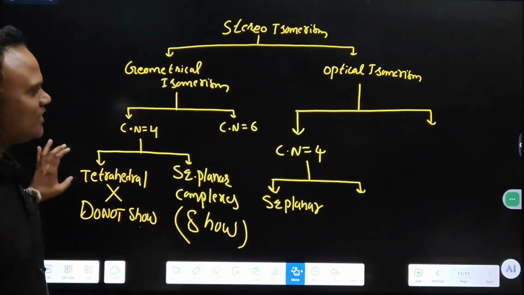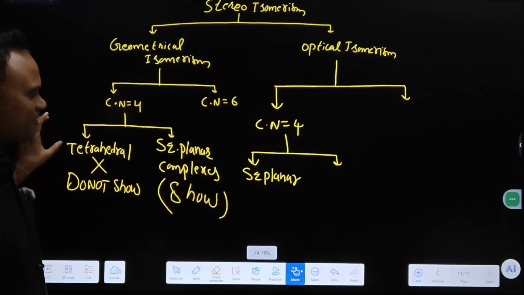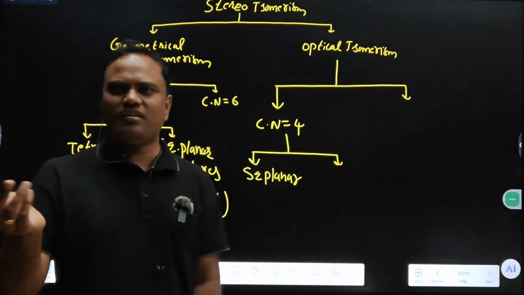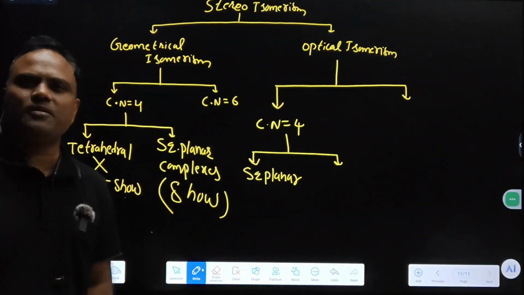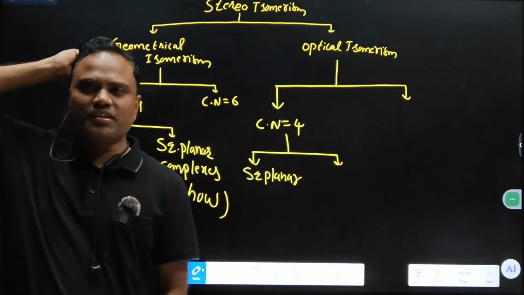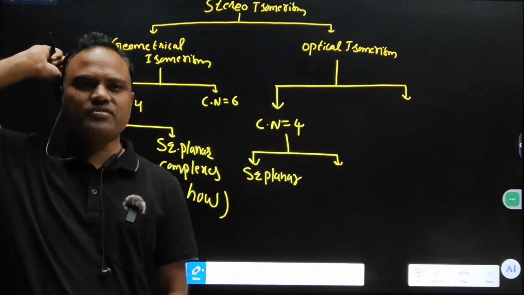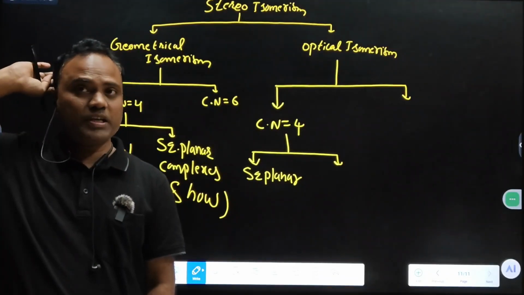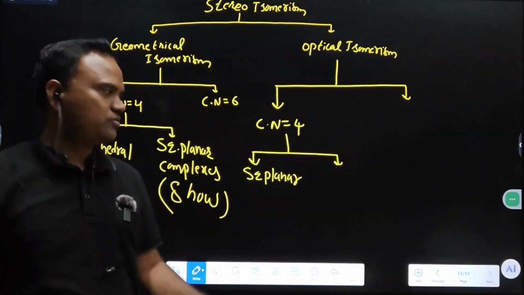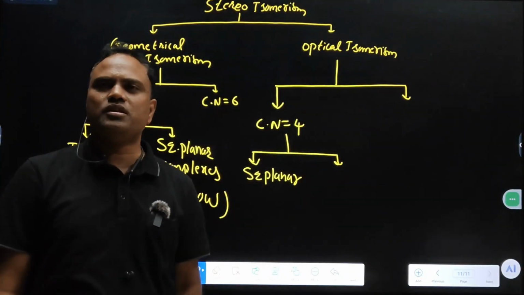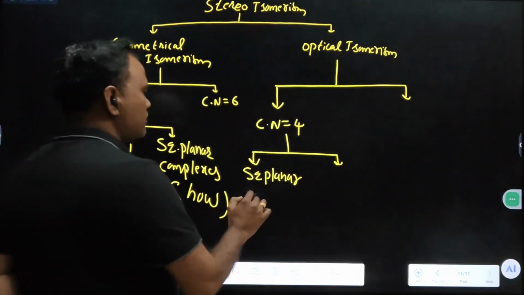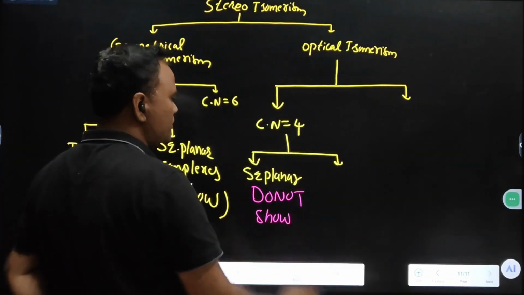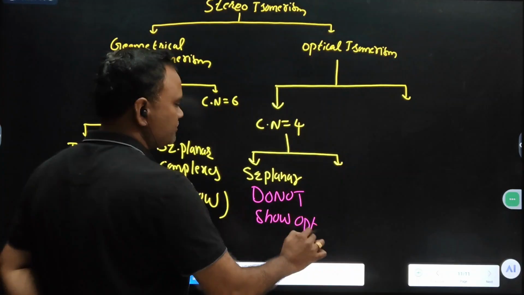Reverse order. You already know from first year organic the condition for optical activity: presence of a chiral center or absence of a symmetry element. If planarity is present, then it is optically inactive. Planar molecules never show optical activity. Planar complexes do not show optical activity.